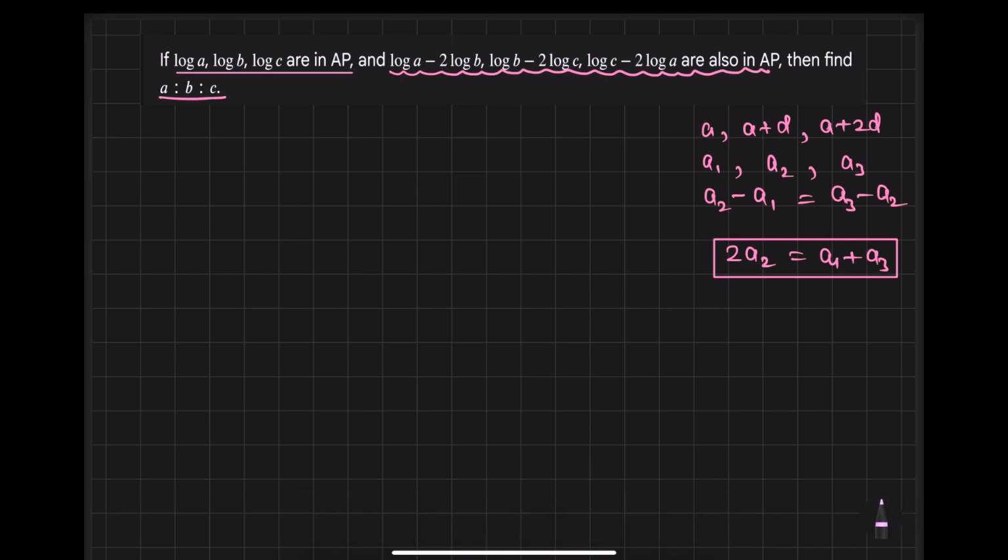Now we will apply the same logic over here. So can we write 2 times log B equals log A plus log C. Here we can apply the formula log m plus log n, which is log mn. It will become log AC, and here we will apply this: log B square.